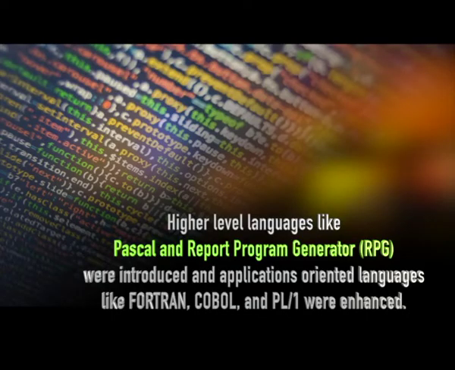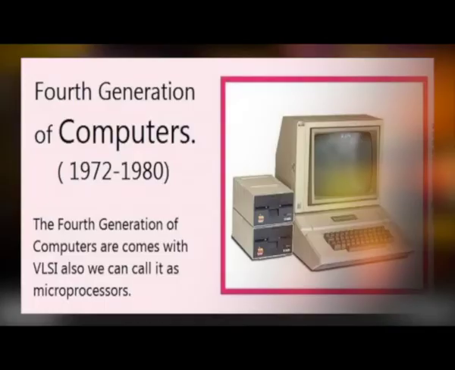Commercial production became cheaper and feasible. Higher level programming languages like Pascal and report program generator RPG were introduced and application oriented languages like Fortran, COBOL and PL1 were enhanced. The period 1971 to 1981 was the era of the fourth generation.